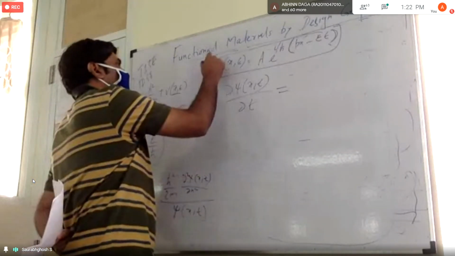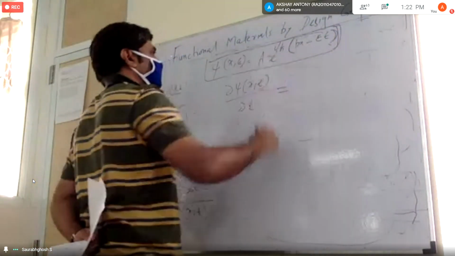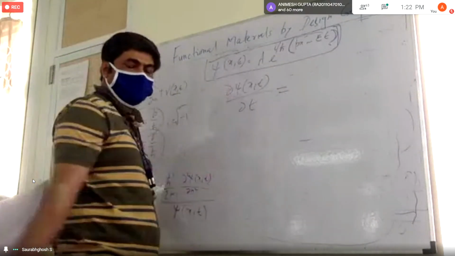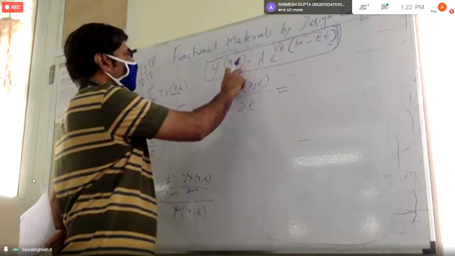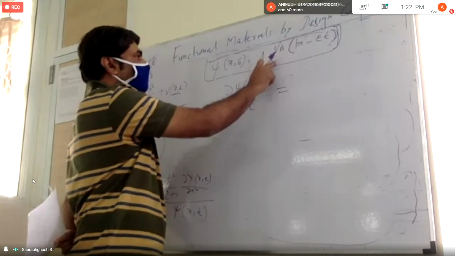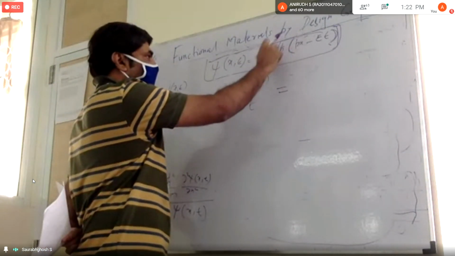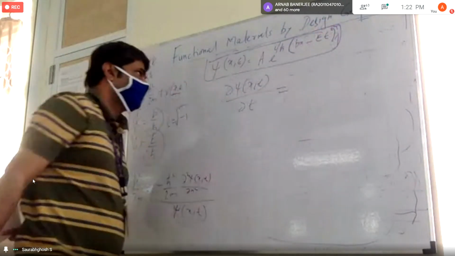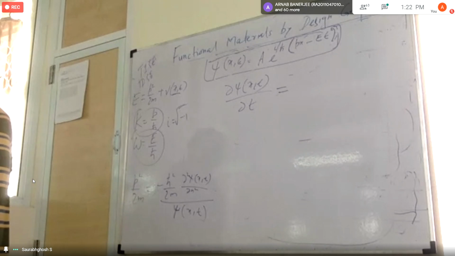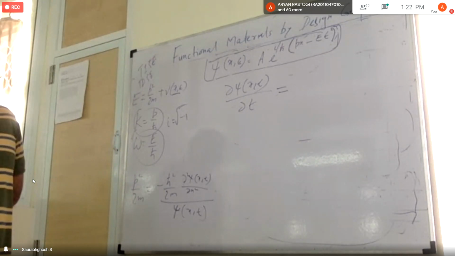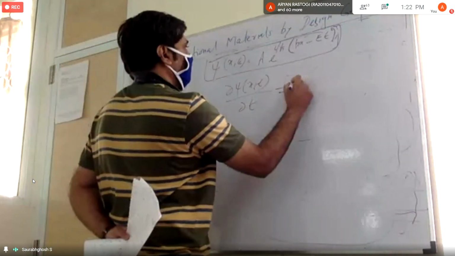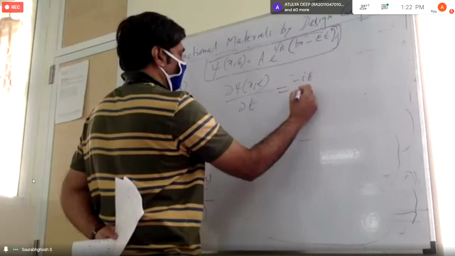I'm simply asking to do a partial differentiation of this function. Psi, which is a function of x and t, equals A to the power of i by h cut, first bracket (px minus Et), minus iE by h cut.